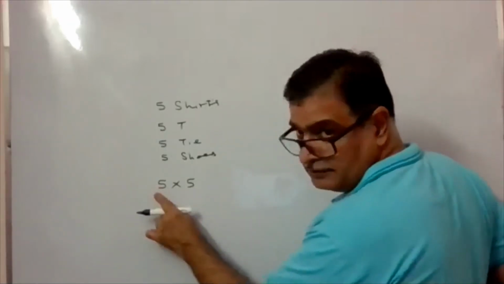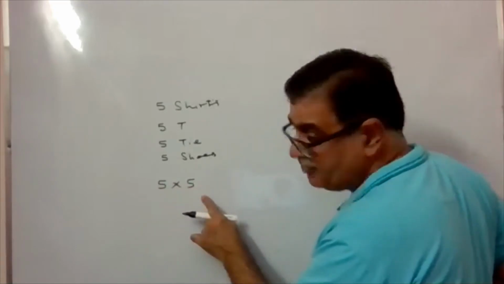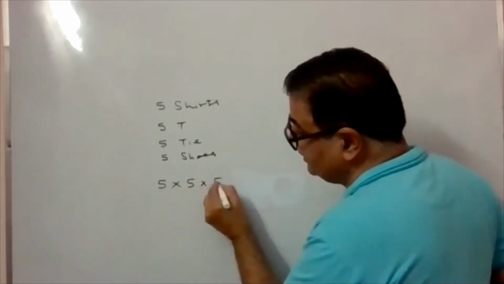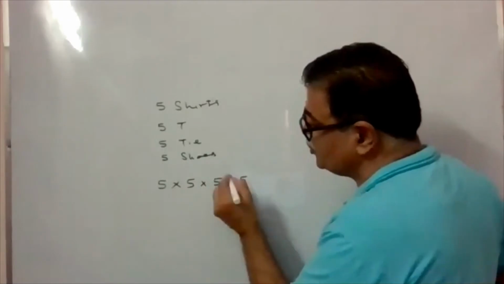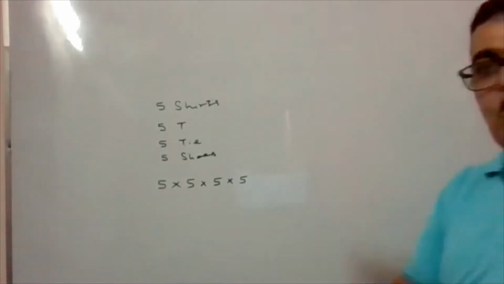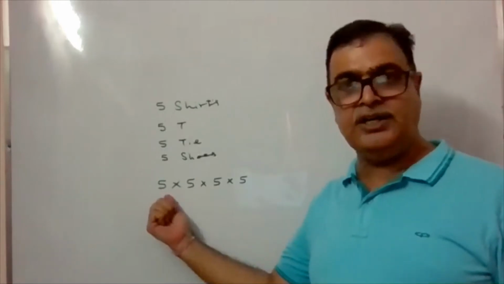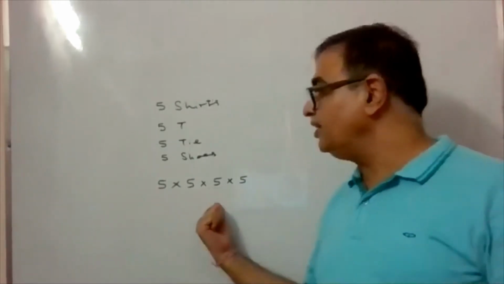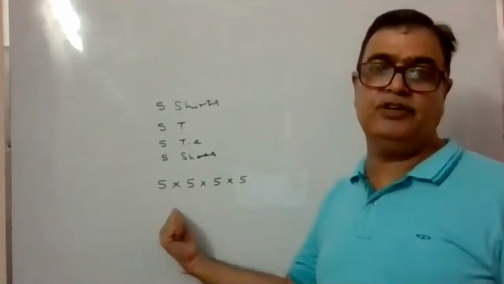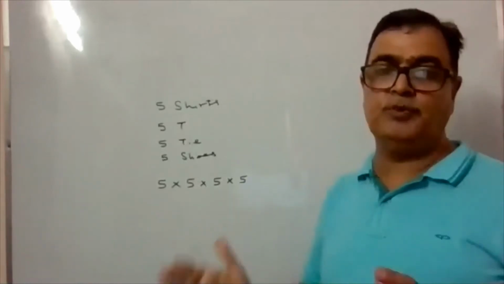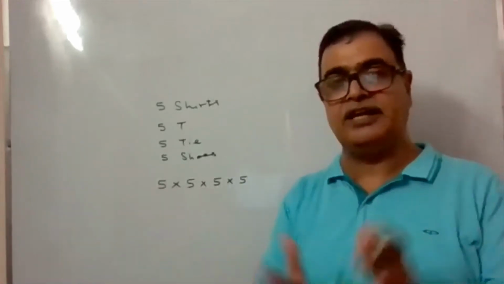So 5 ways, shirt and then trouser, then a tie and then shoes. All 4 to be taken in succession. So it will be 5 into 5 into 5 into 5. That will be total 625 ways.